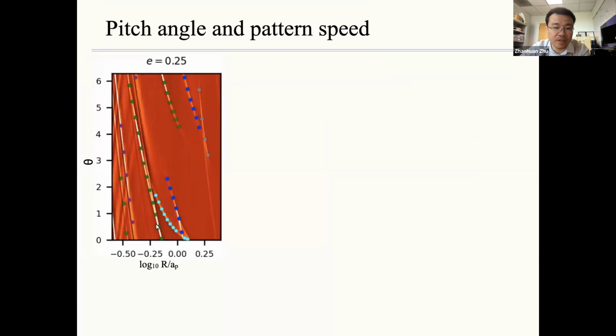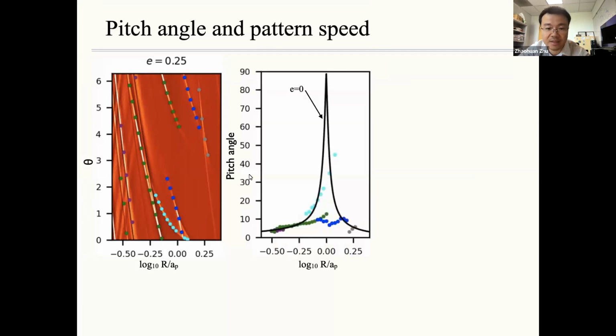So here are the spirals excited by an eccentric 0.2 planet, and every spiral is labeled with the same color dots. And you can see there are more than 4 spirals excited by the planet. The pitch angle of all the spirals is very different from the spiral of a circular planet.